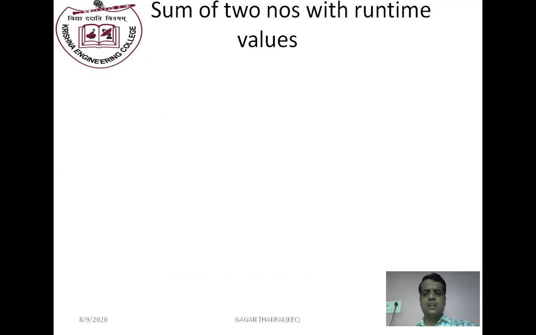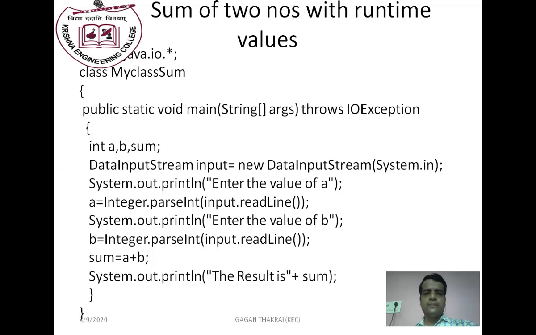The program is very similar to the above program, and here we ask the user to enter the value of a, and we read the value of a, enter the value of b, and we read the value of b, and perform the sum: a plus b is equal to sum, and we display the output: the result is sum. This will accept two values from the user at runtime and perform the sum of these two values.